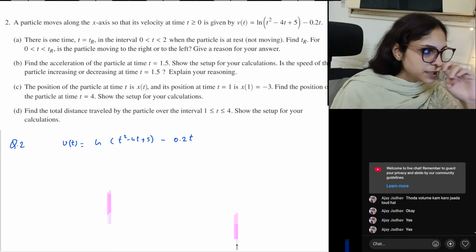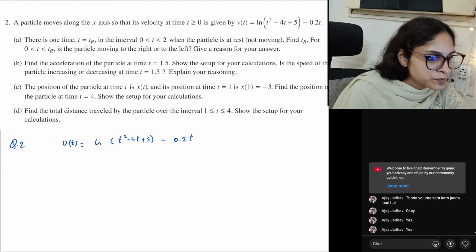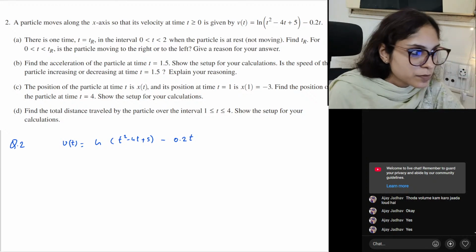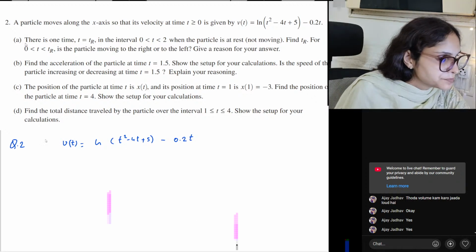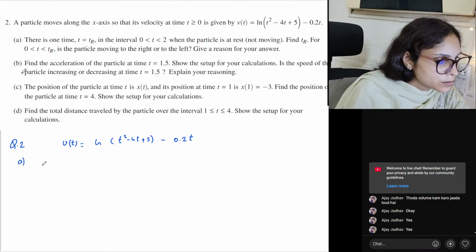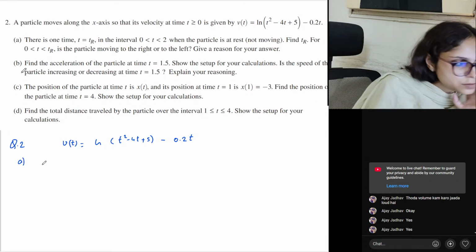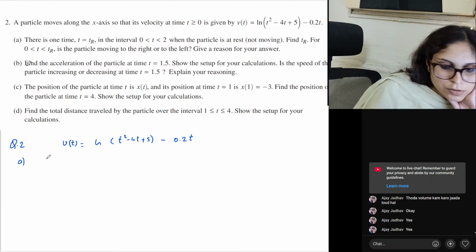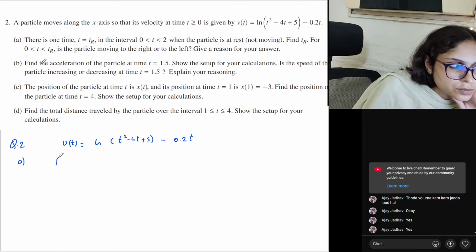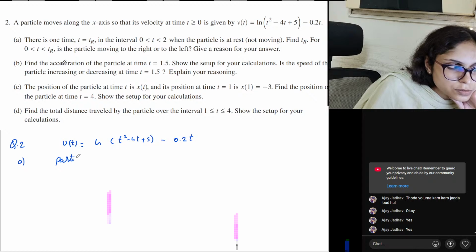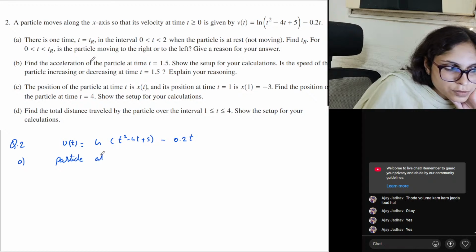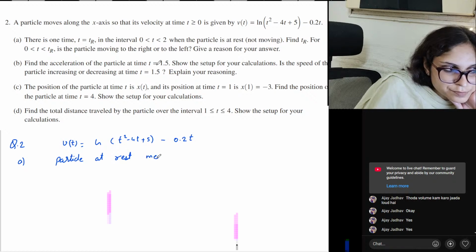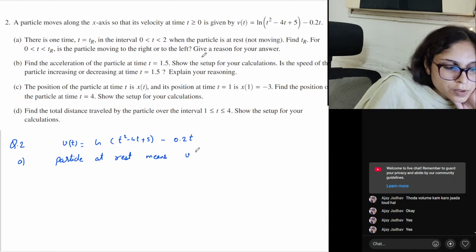So now in part A, particle is at rest. Particle at rest means velocity is 0.